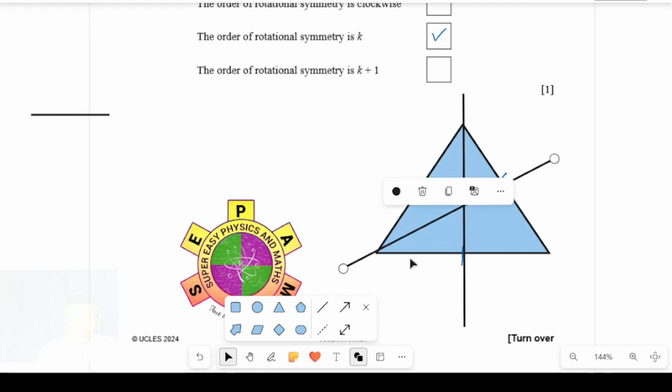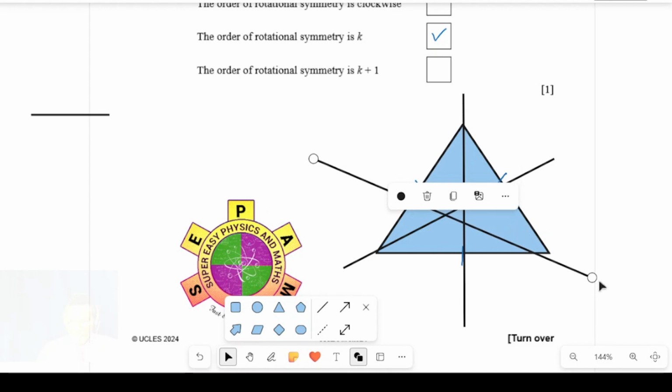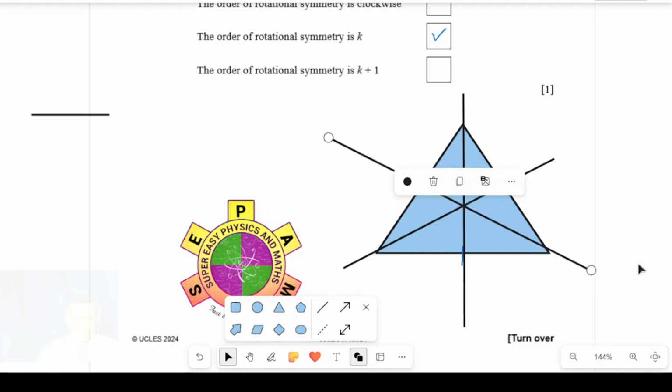Then we can also take another line here. All right. So for a three-sided figure, what is the order of rotational symmetry? So for 3 it is 3.